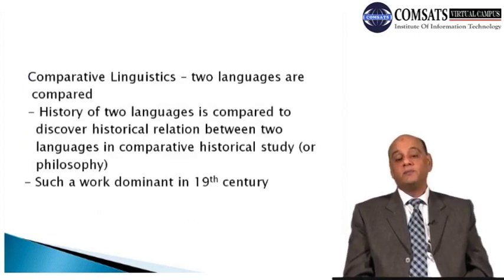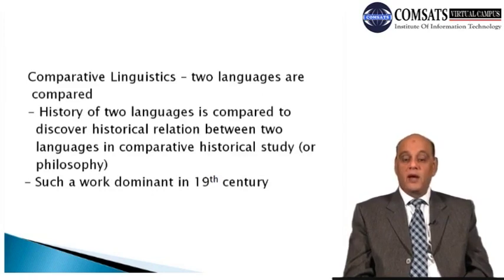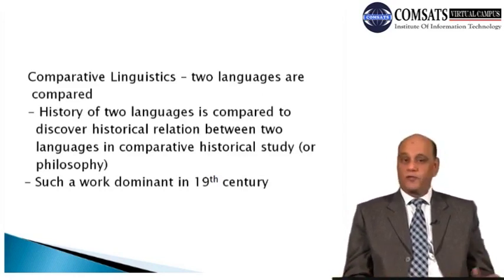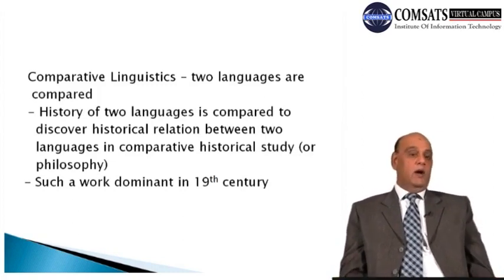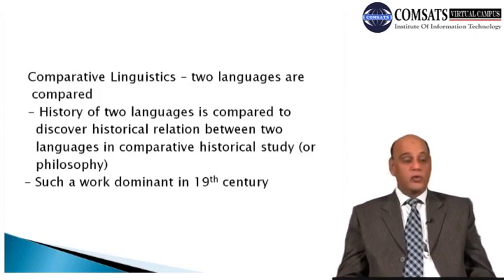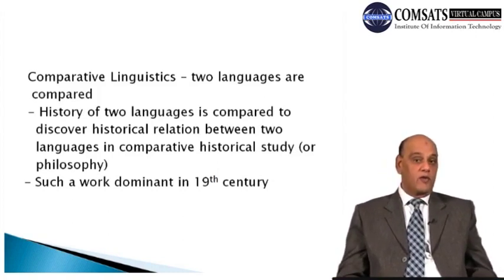Comparative linguistics is where two languages are compared. The history of the two languages is compared to discover a historical relation between them, in comparative historical study. You may even compare Urdu and English, for example. You're looking at the history of Urdu, and on the other side the history of English.